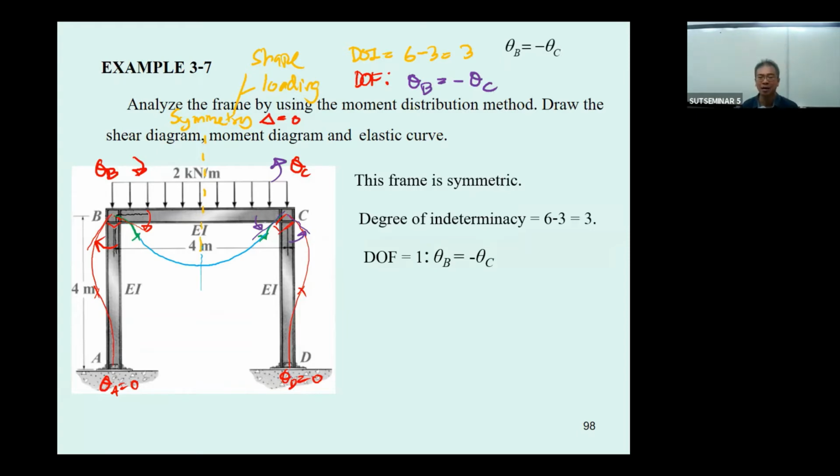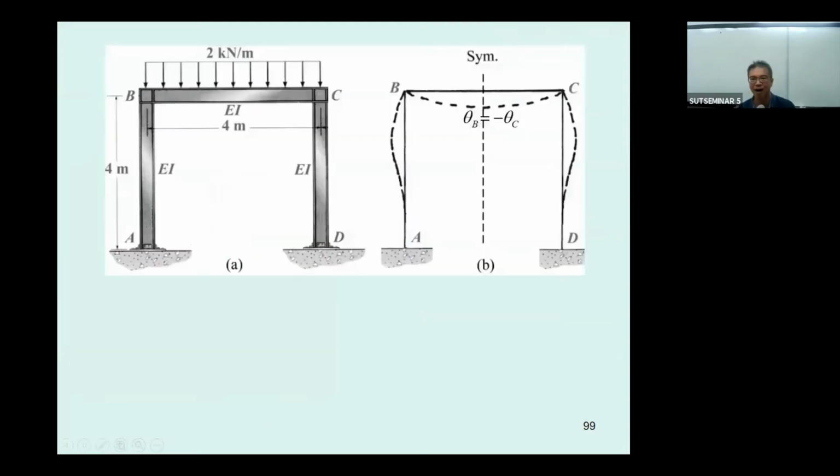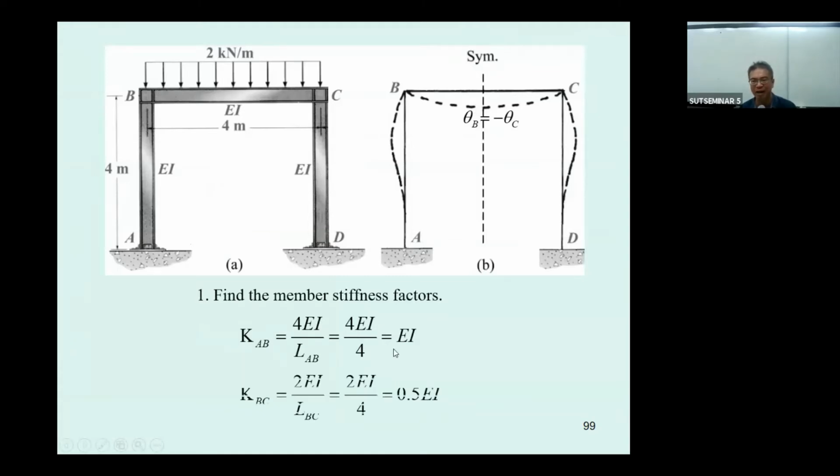Okay, and then you will analyze this frame only by half of it. Okay, so by half of it, what it means is you're going to use this one for 4EI over L. And due to the symmetry, for this one, the K is going to be 2EI over L. Okay, we have this. And then the members, the factor for the column AB, 4EI divided by 4 is EI.